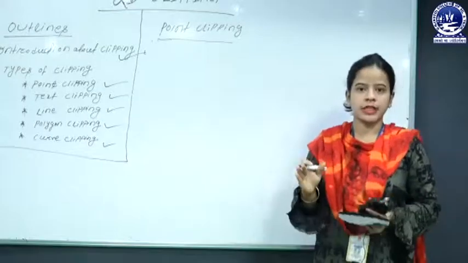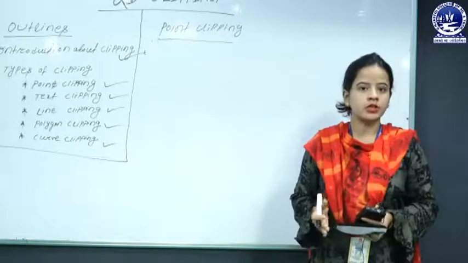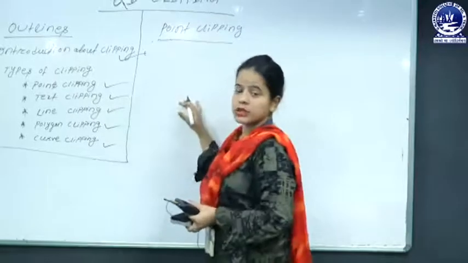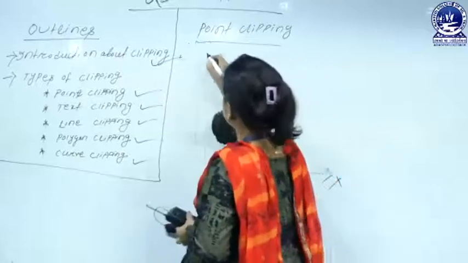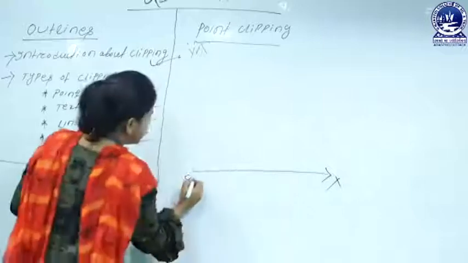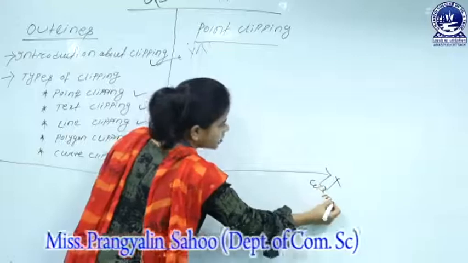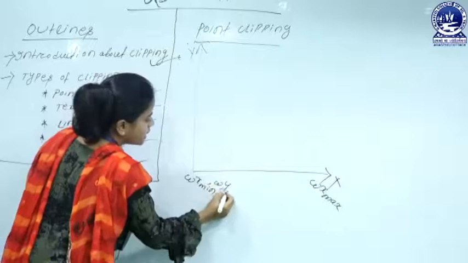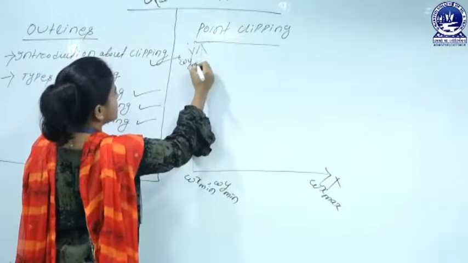To check point clipping, that means which point is accepted by the clipping window and which point is rejected, first let us draw a 2D window coordinate system consisting of 4 values. That's WX minimum and WX maximum, the window's X coordinate values. Similarly, that's WY minimum and WY maximum, the coordinate values in Y.